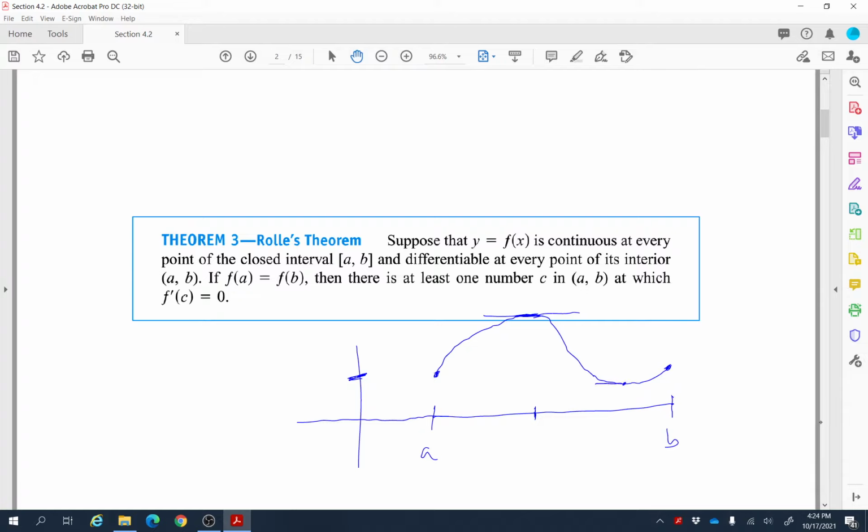Even here, that is a horizontal tangent line, meaning the derivative of the function at this point, let's say C, is 0. At least one number has to be like this. You might have more than one number, but if you go up or down, somehow you have to connect with these two points, and that is only possible by getting a local maximum or local minimum value of the function, and at that point the derivative would be 0.